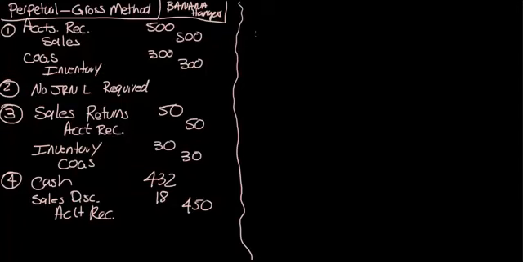Okay, so when Crazy Kitchens bought these banana hangers, they were going to put it into inventory, $500, and they're going to have an accounts payable. Hopefully this makes sense to you that one company has an accounts payable and one other company has accounts receivable, and they do match.